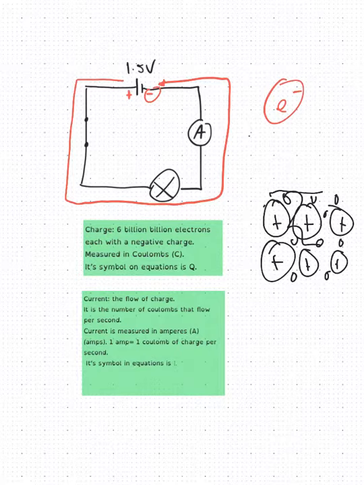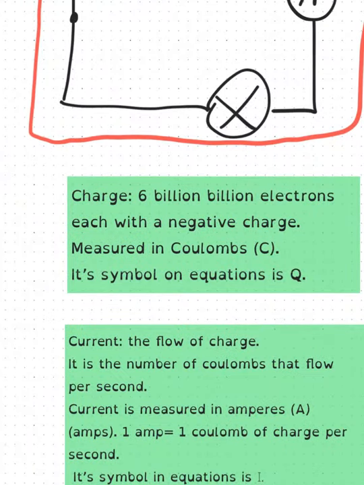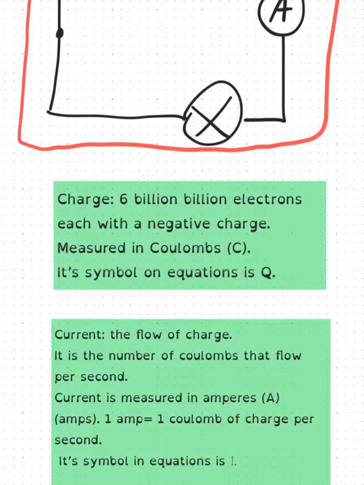So we've got negative electrons that can flow freely around a wire. And if we think back to what charge was, charge is just these negative electrons, negatively charged, and it was a specific number: 6 billion electrons of negative charge.